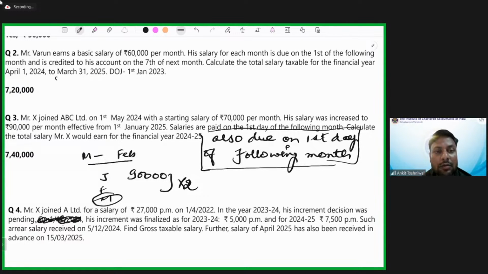Sir, my doubt is: the salary that is adjusted, the amount of 5,000 against the loan, is that taxable or not?